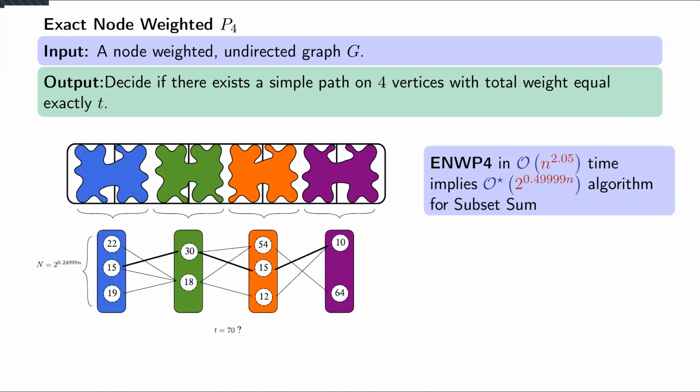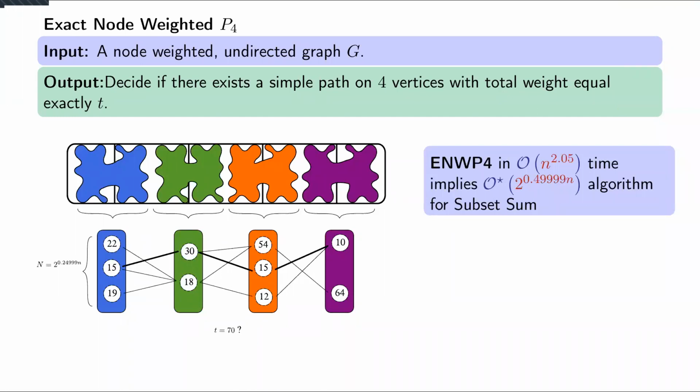What we show in this paper is that if you were able to solve this problem fast enough, for example in 2 to the n to the n squared time, then you would break meet in the middle. The reduction is pretty straightforward when you have all the proofs from the previous case.